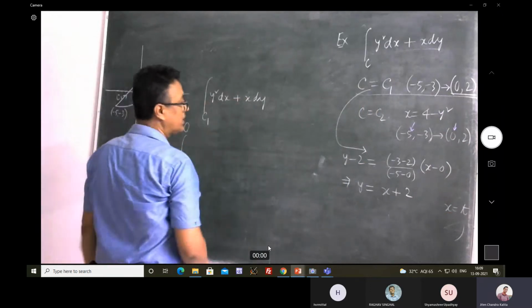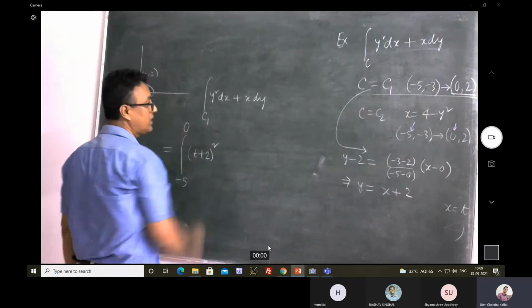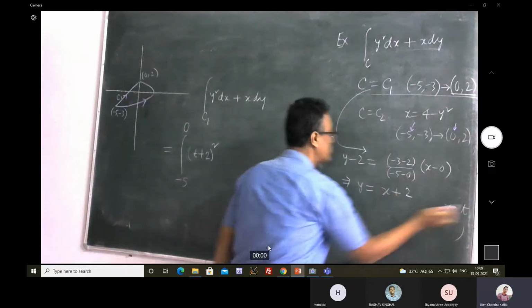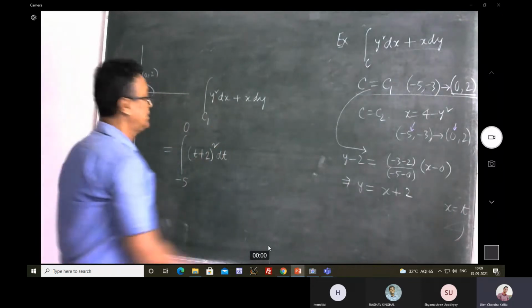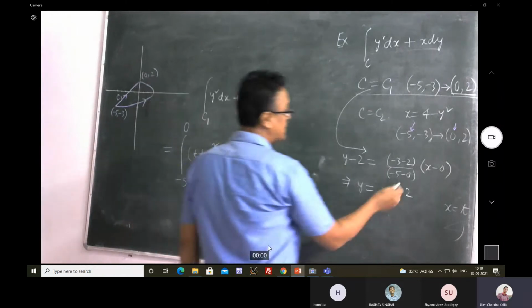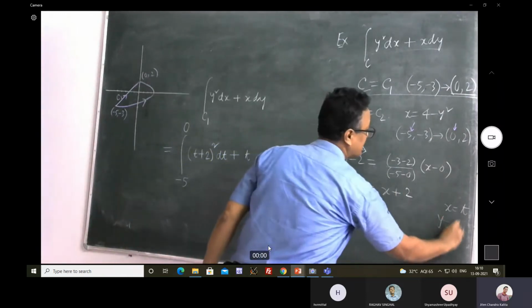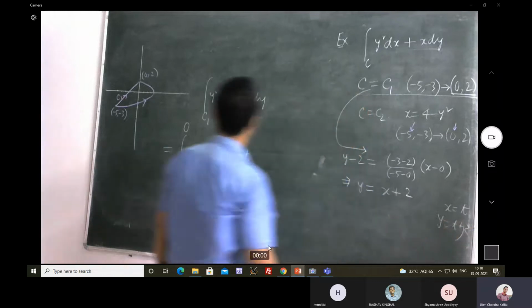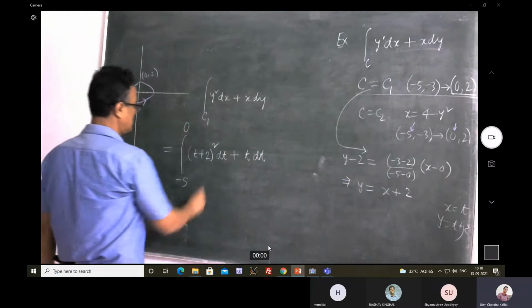Then y squared is simply (t plus 2) whole squared, and since x equals t, dx is equal to dt. Then plus x is t, and y is again t plus 2, so dy is simply dt.